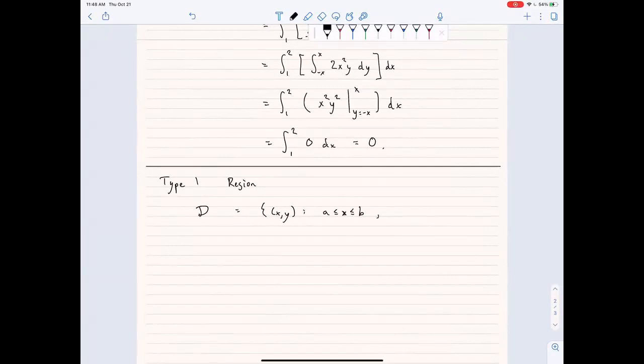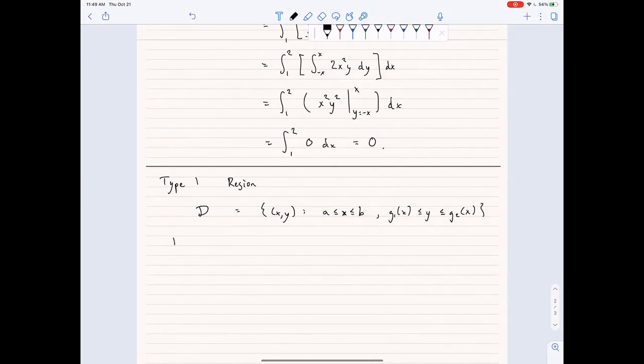And y is bounded by functions of x, so we'll call them g1 of x and g2 of x. Usually what you want of g is that they're nice and smooth functions. They're not like absolute value type functions or case functions or strange things like that. That's what you would like, but it's not necessary.